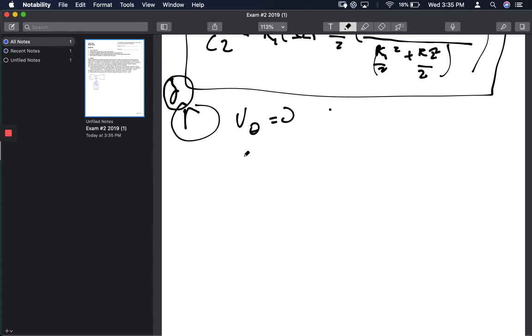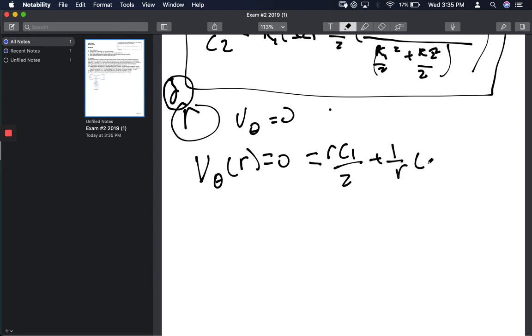So we can go back to our simplified form of v theta, and we'll set v theta equal to 0, which is r C1 over 2 plus 1 over r C2. So we can isolate the r value here.